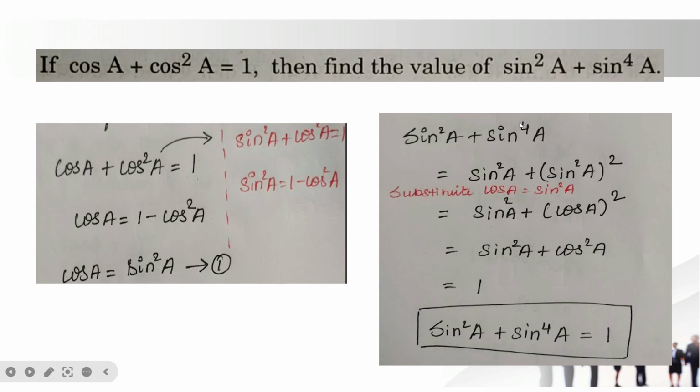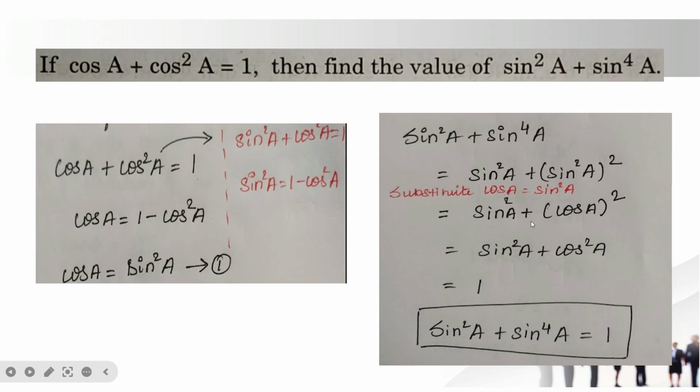Instead of sin power 4A, you can write sin square A the whole square. Now write this sin square A as it is. Here sin square A we can substitute as cos A, as you could see, cos A equal to sin square A.